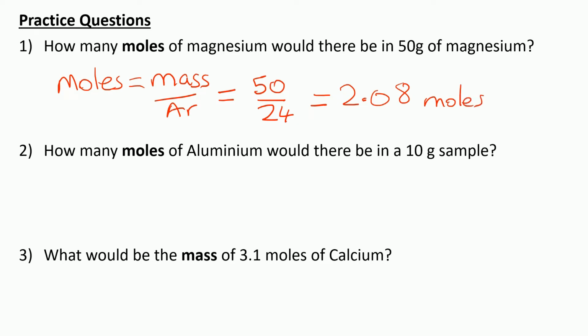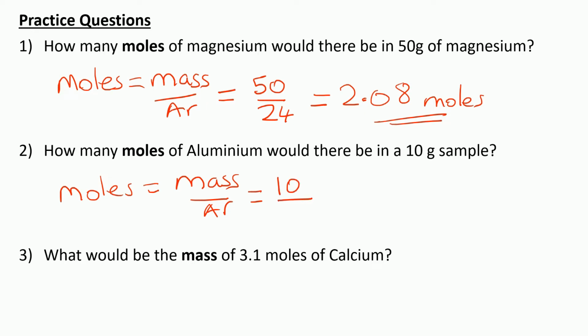Question 2 is similar. So once again, we need to write out moles equals mass over AR. And in this one, that would be 10 grams divided by the AR for aluminium, which is 27. And that comes out at 0.37 moles.